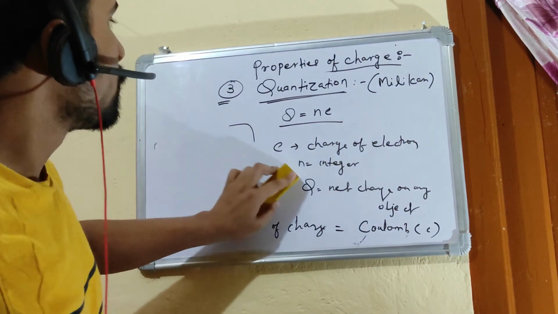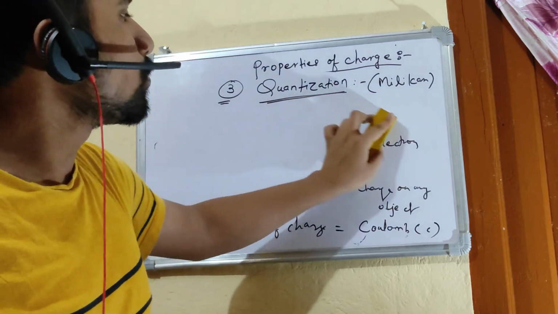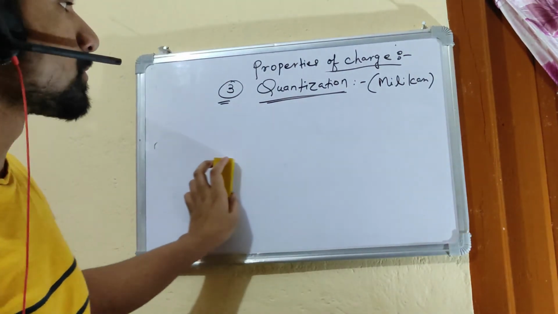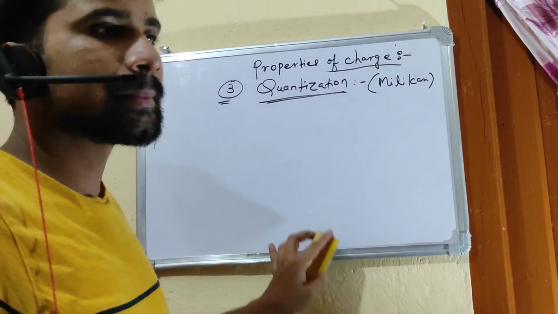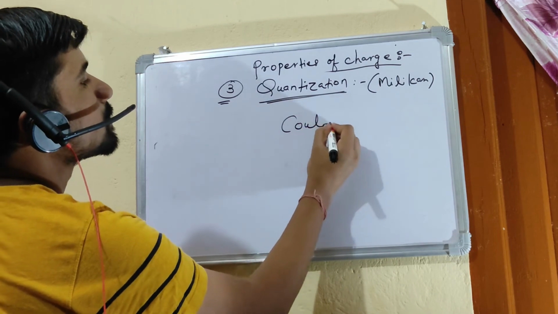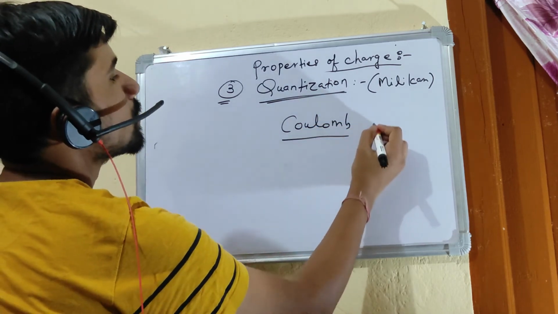So let's try to define what is coulomb. This is not the scope of this chapter, but we will define it. I said that coulomb is the unit of charge.